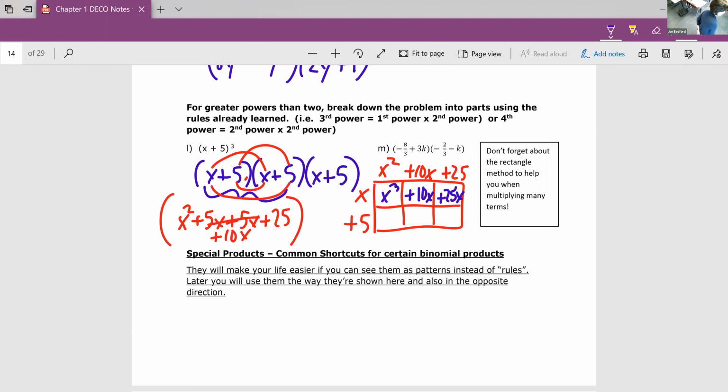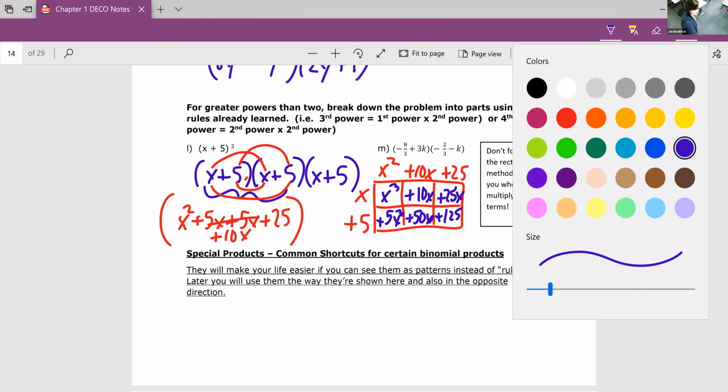Okay, now let's go to the bottom row. 5 times x squared is, so plus 5x squared. What goes in the middle on the bottom? Good, plus 50x. And in the bottom right box, we have plus 125. Good job. Okay, do you see some like terms we can combine?